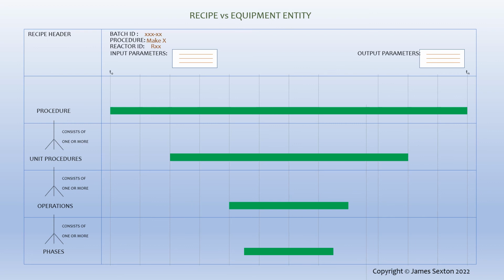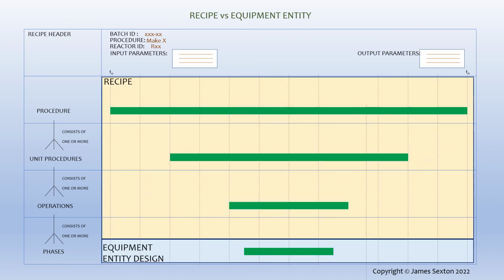Dependent on the level of flexibility that's required in a process cell, we can choose how much of the procedural hierarchy to embed in the equipment entity design. Recall that procedural control is one of the 3 types of control in the equipment entity model. In one extreme, we can decide that only the bottom level, phases, will be included in the equipment design.